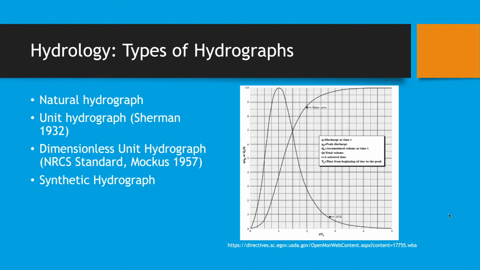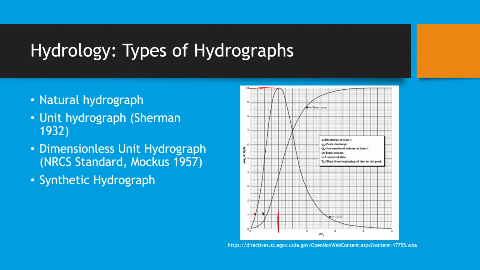So there's something called the dimensional unit hydrograph, and the standard came out in the 50s. What this is, it's kind of normalized, I guess you could say. It's a plot of the peak time.